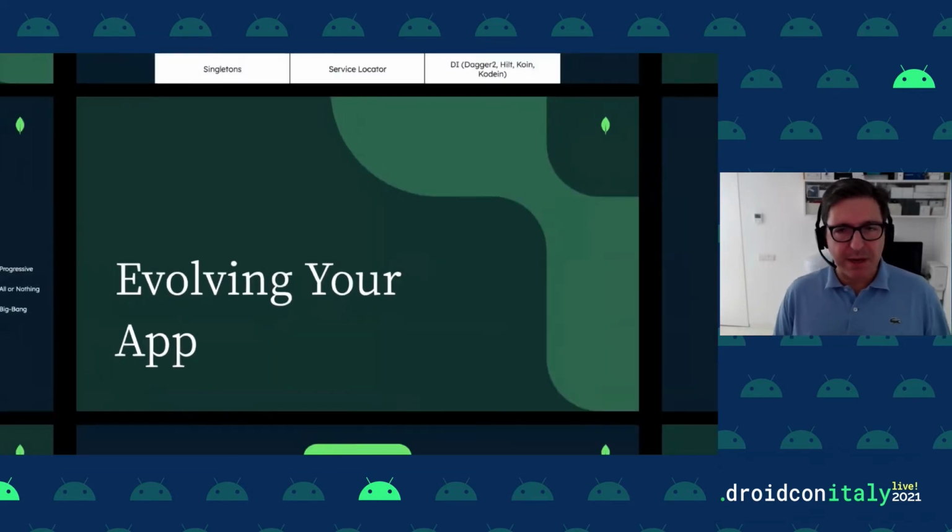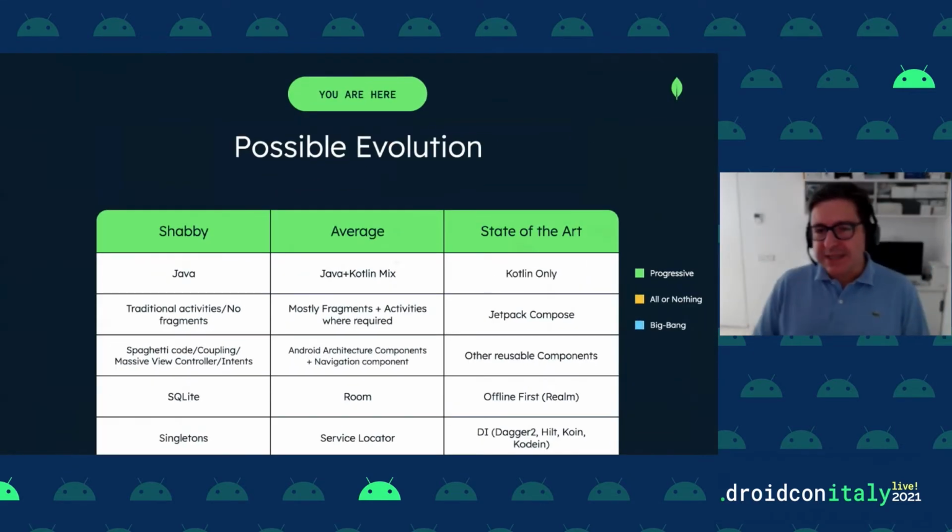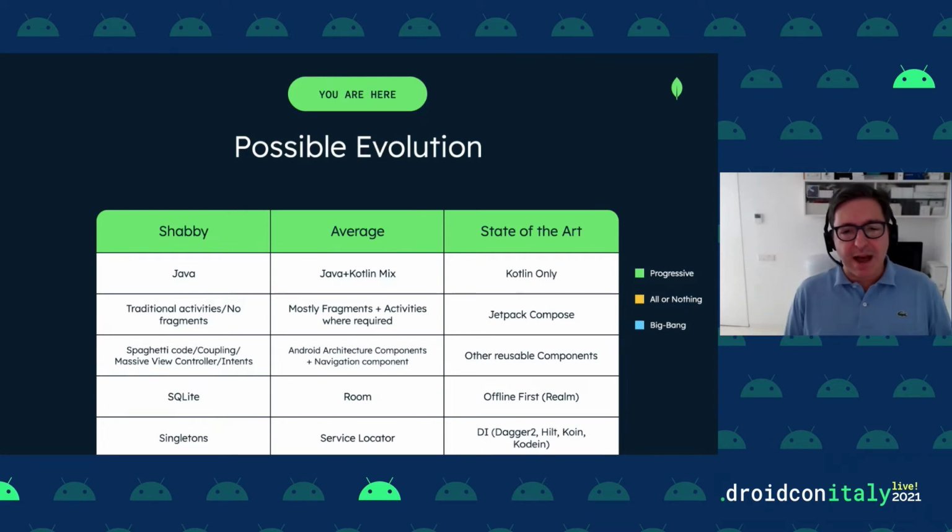Okay, so let's talk about your application and how to evolve it and where you can be and what does this mean. So let's say that this could be a very simplistic way of describing the scenarios in terms of the status, development state of your application. I could say that an average status for many applications is that they have some Java still, particularly those that started with Java, but they mostly use Kotlin.